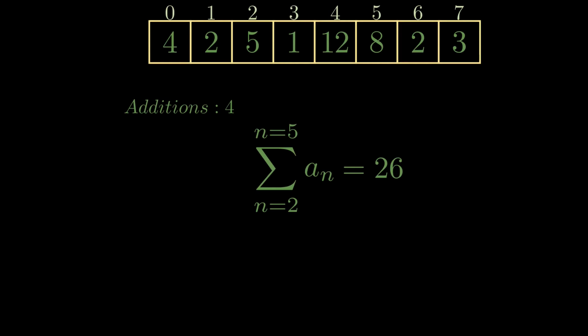Now let's try another example. Let's calculate the sum of all entries between 0 and 7. So this time we will speed up the process a bit.